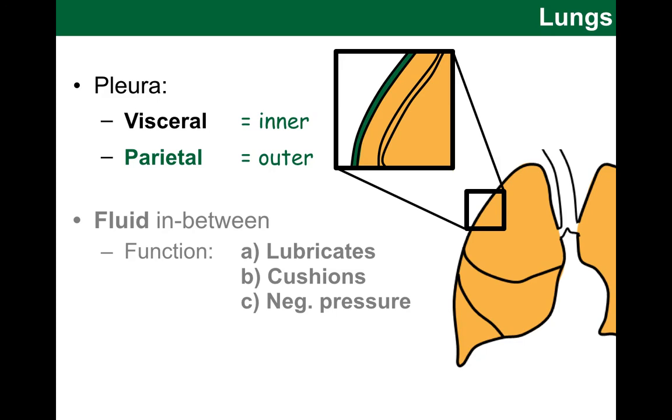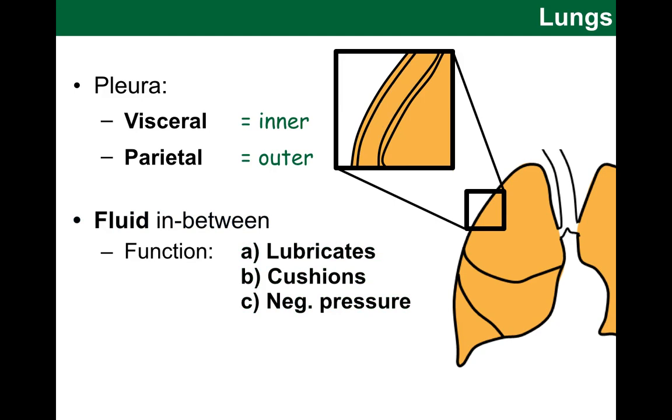What is worth noticing is that there is a space between the 2 and it is filled with fluid. Why would there be this space enclosed by 2 pleura and fluid in it surrounding the lungs? Well, this fluid helps to lubricate the sliding of these 2 layers against each other. It also cushions and finally helps to generate a negative pressure that causes the lungs to expand.